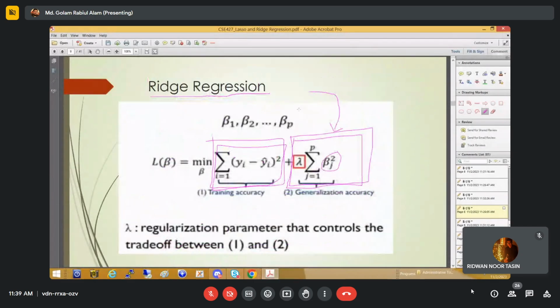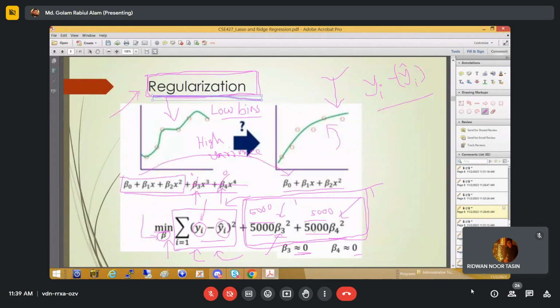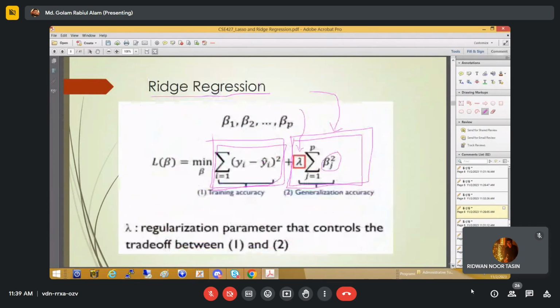Now one thing here is the lambda. In this case we assume lambda equals 5,000. Lambda is called the regularization parameter, and it controls the weight between two terms: training and generalization.